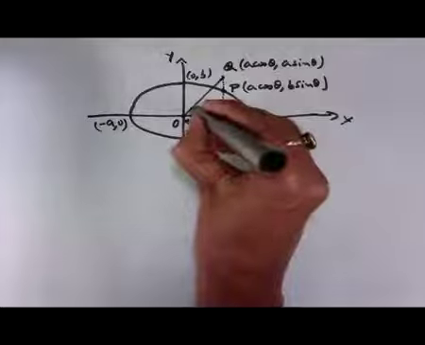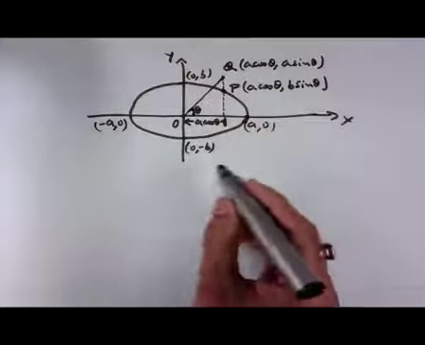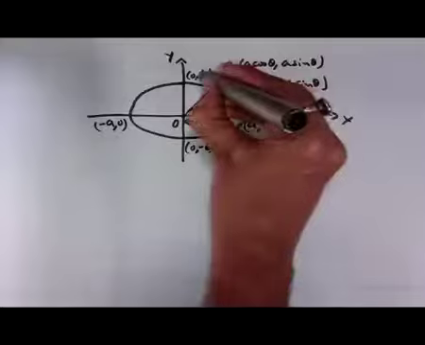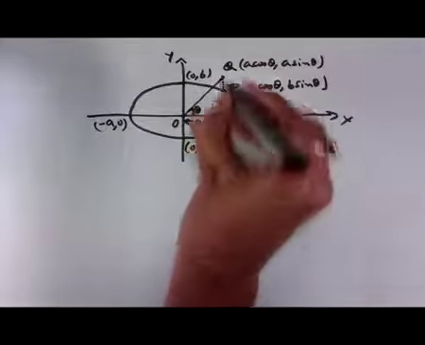In this case, we are taking b to be less than a. So, this point is outside this ellipse. Now, where is this point Q?